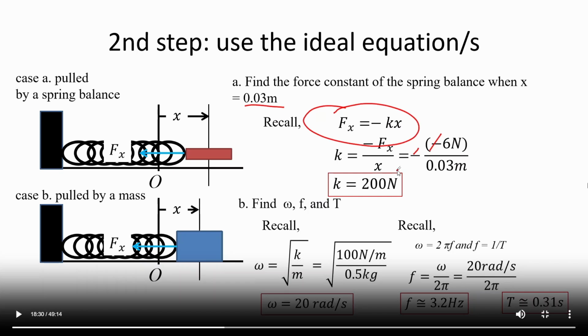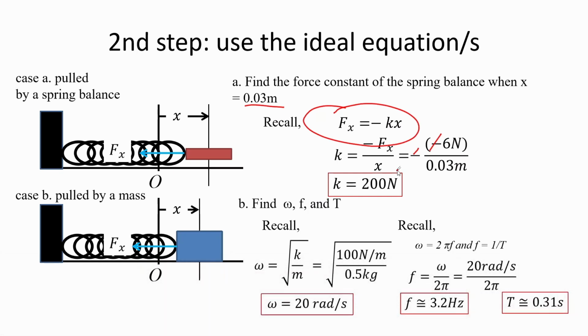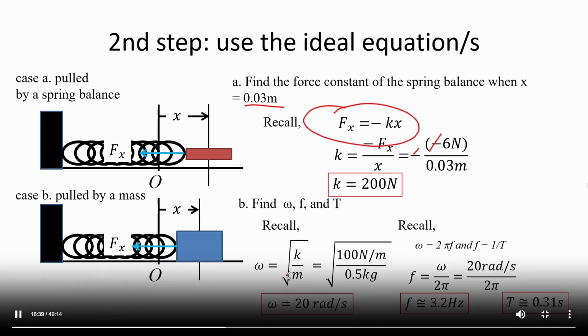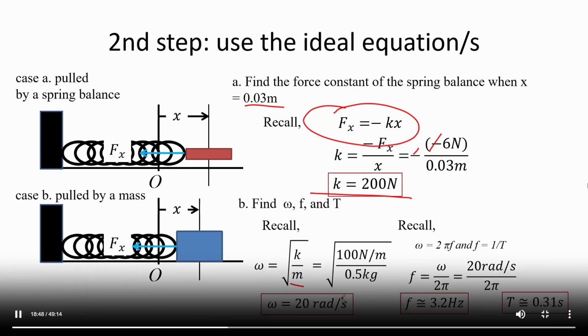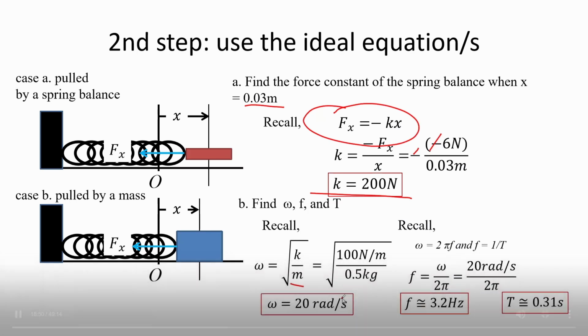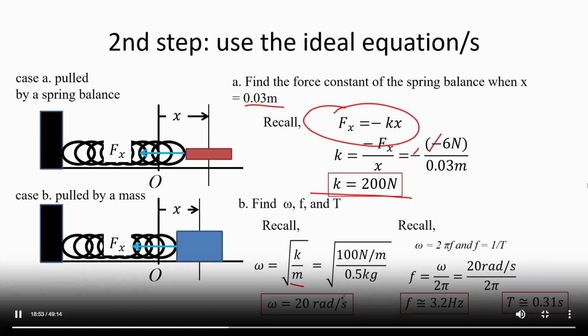Letter B, find the angular frequency, the frequency, and the period. We recall the expression omega is equal to the square root of k over m. So we use this because we already solved k, and we also know the mass. Substituting gives you the angular frequency, 20 radians per second. And for the frequency, we recall the expression omega equals 2 pi f.